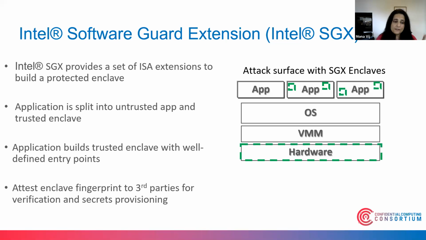Also, specifically in SGX, the untrusted application builds the trusted enclave's initial state with very well-defined entry points. SGX provides an interface for proving to a third party that you are indeed running in a TEE, and that includes the initial memory fingerprint of the application as well as the well-defined entry points.